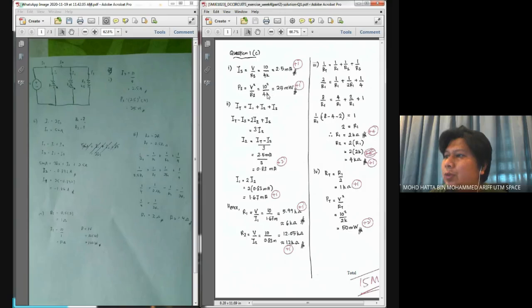I use V squared over R3 to get my power dissipated at R3. And for the total current, sorry, not total current.